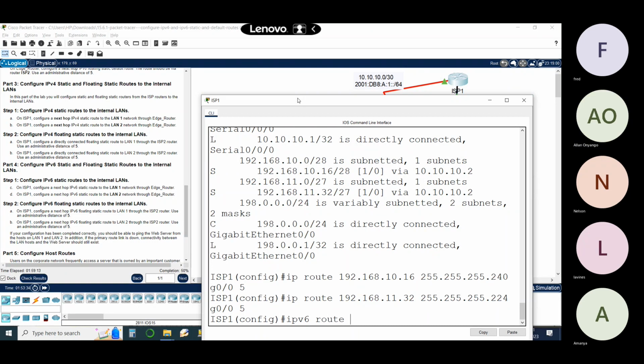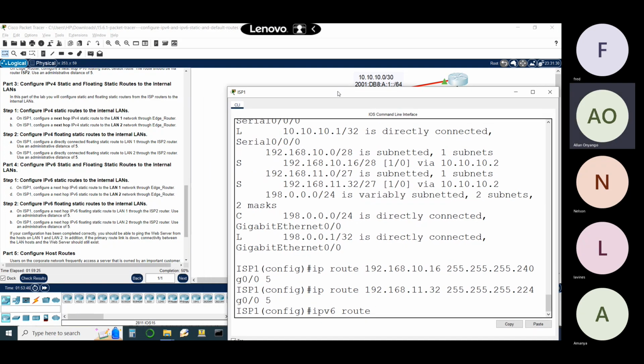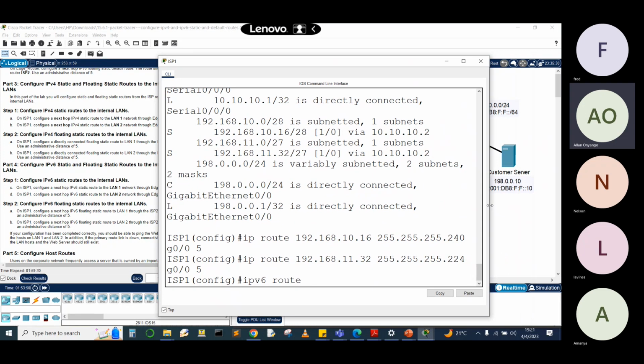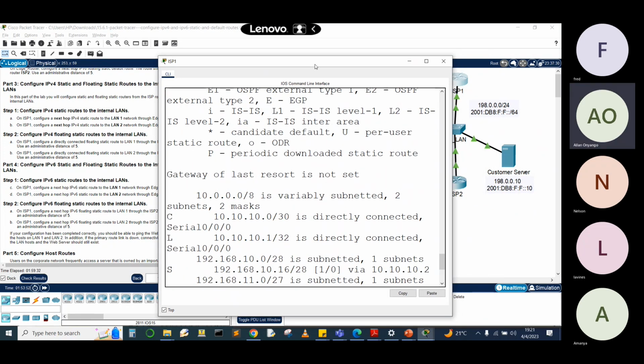In this IPv6 route, we are going to configure using the next hop. So we say the network to LAN 1. Let me just reduce the size of this so that we are good to go.